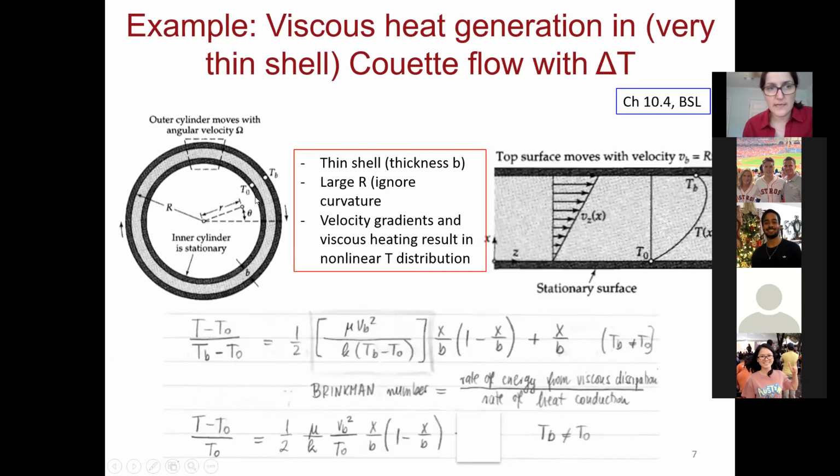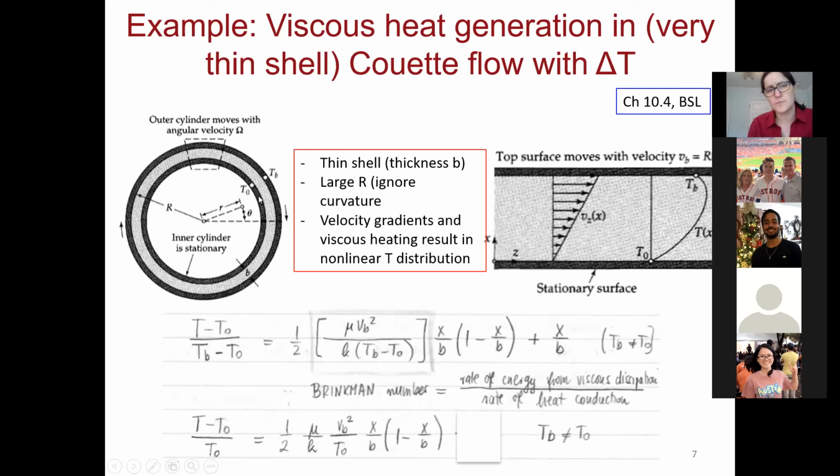Now I can also look at what happens if I keep the inner cylinder at temperature T0 and the outer at some different temperature TB. So I now have coupled heat and momentum transfer.